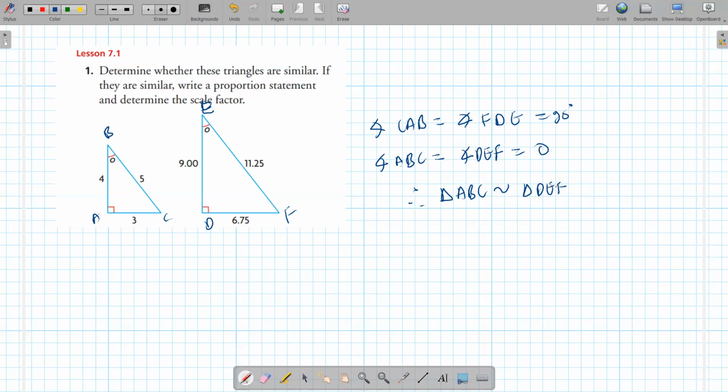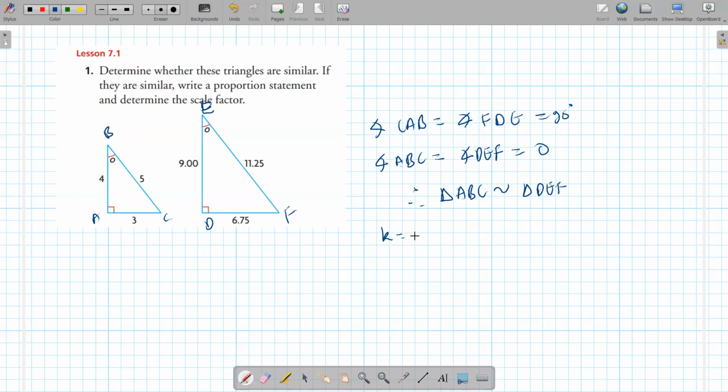Now, what's going to be the scale factor? You can use any two sides, right?